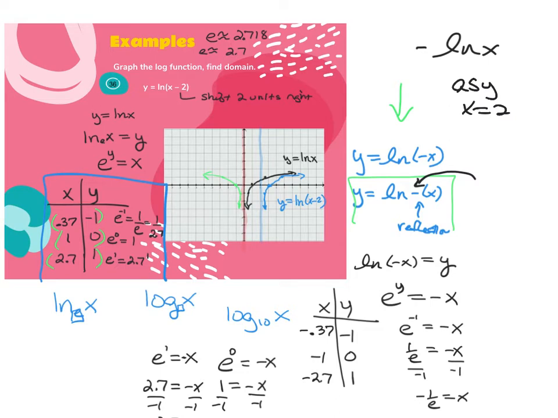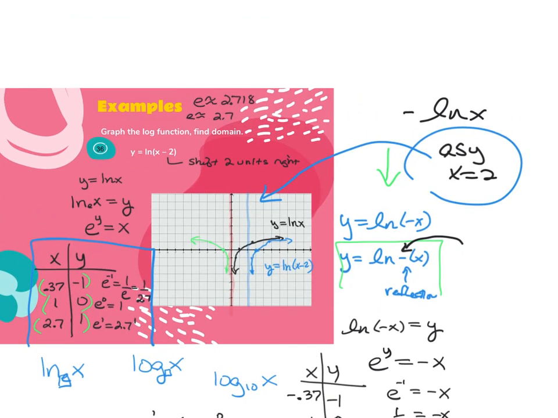So for number 36, we shifted it 2 units to the right, so our asymptote also shifted. Our new asymptote is here at this blue line, at x equals 2. So when we shift our asymptote, our domain also shifts. Now our domain is from 2 to infinity.